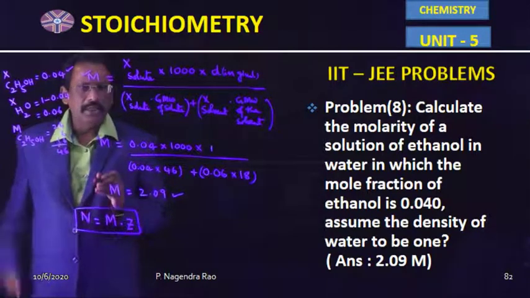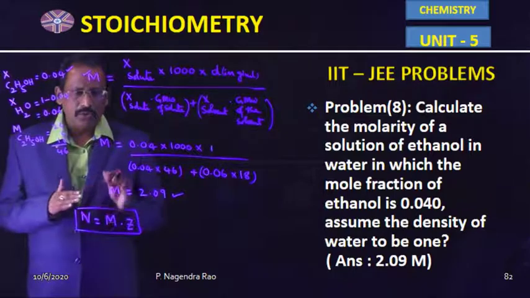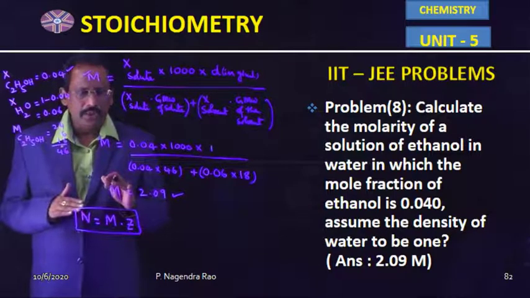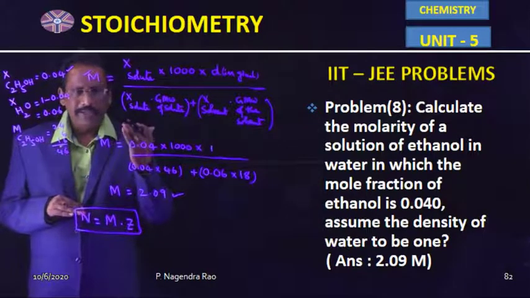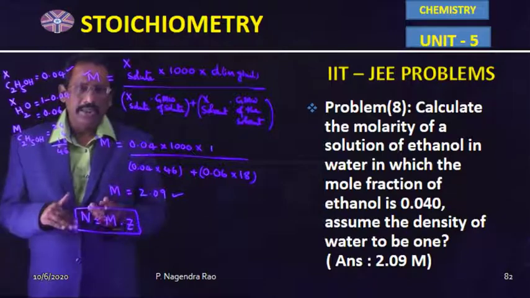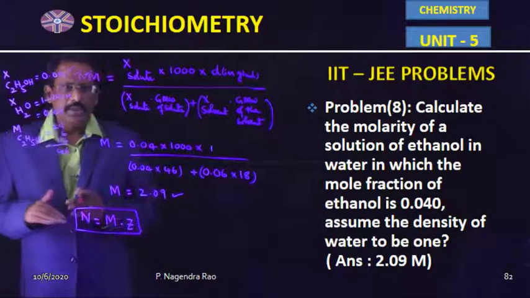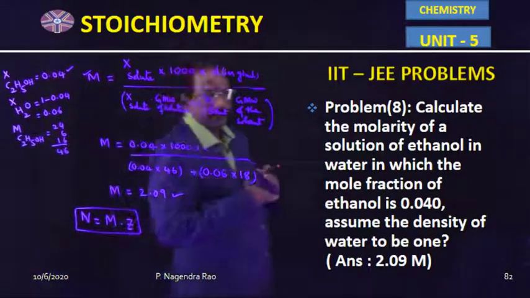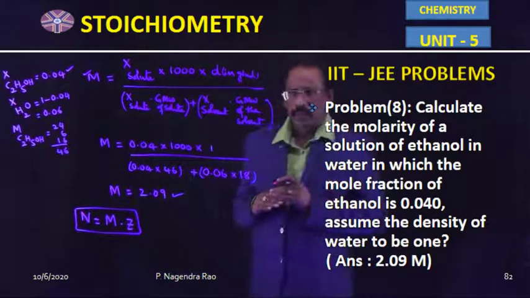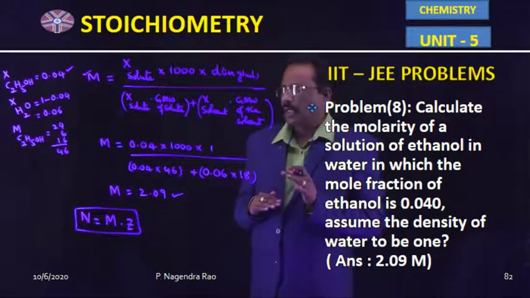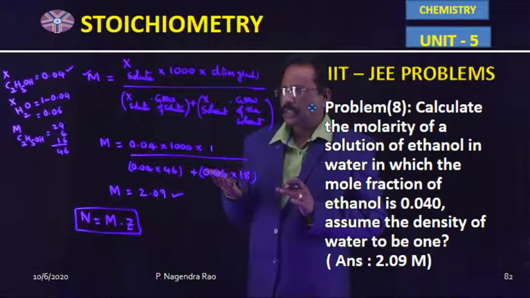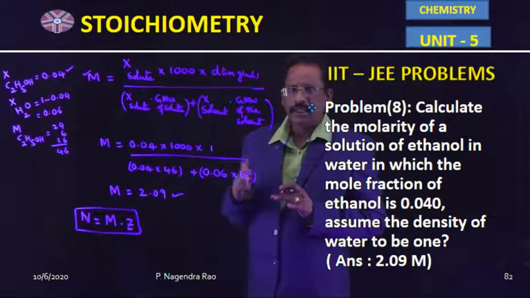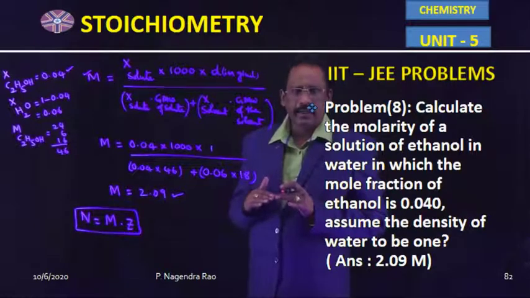So normality of any solution is equal to molarity of that solution into Z, where Z indicates number of equivalents. The formula is molecular weight by equivalent weight gives the value of Z. So this is about the mole concept. Based on mole concept, concentration of the solution is expressed in molarity, molality and normality.